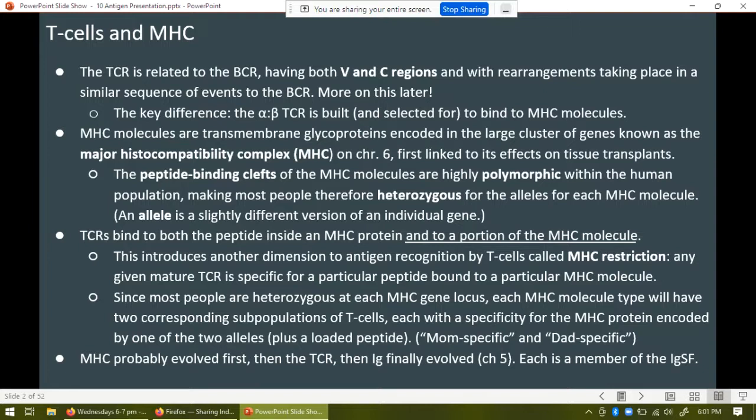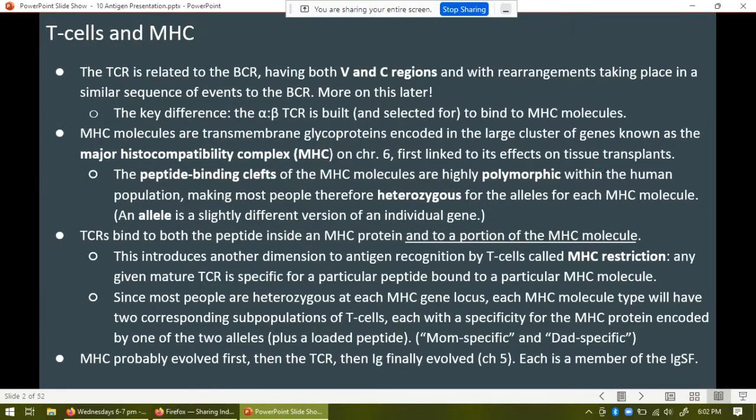So MHC proteins, MHC molecules, they are transmembrane glycoproteins that are encoded in a large cluster of genes called the major histocompatibility complex, MHC, that is located on chromosome 6. Now this MHC complex of genes was first identified in genome-wide association studies when they were looking into what factors play a role in the rejection of tissue transplants.